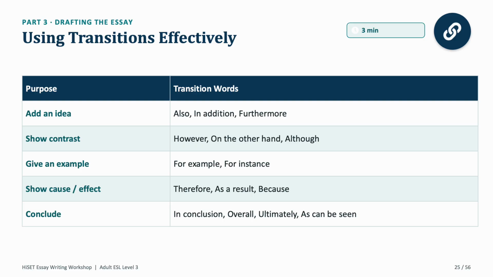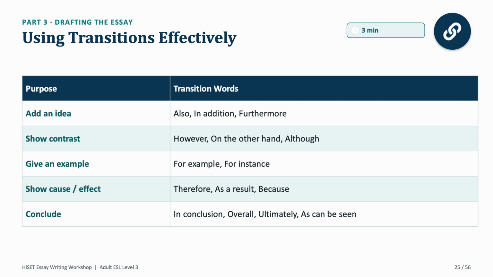To give an example, for instance, if we want to show cause and effect, therefore, the cause would be the first sentence, and then you would start the effect with therefore, or as a result, or because would be next to the cause sentence.